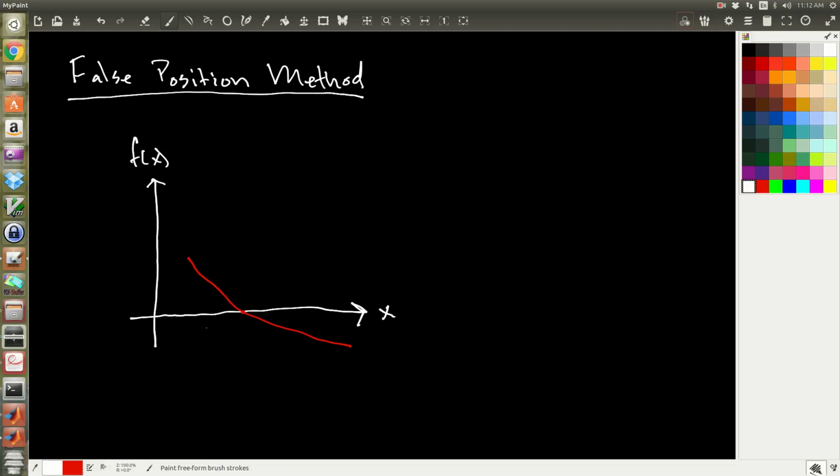Now let's say we have some bracket. Maybe we'll pick our x lower to be this point and our x upper to be this point up here, x upper. And so what we see here is this point right here is our f at x upper, and this point right here, this is our f at x lower.